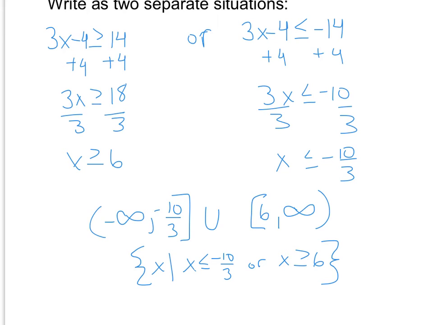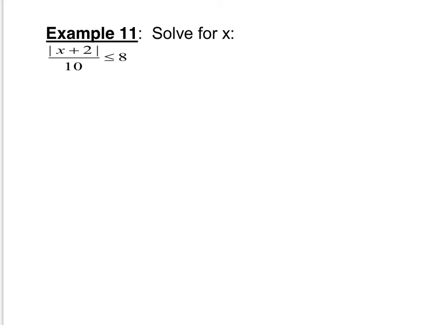Let's take a look at another one. So again, the first thing here, what are we looking at? Are we looking at an and statement or an or statement? And remember, less than means and, greater than means or. Well, this is a less than, so it's an and. But see how the absolute value is not by itself? So what do we need to do first? Multiply by 10. Those cancel.